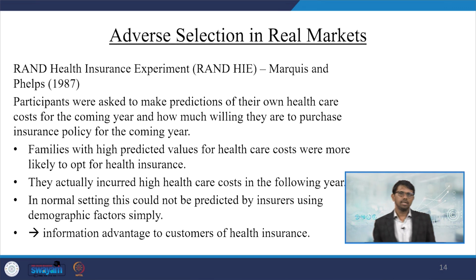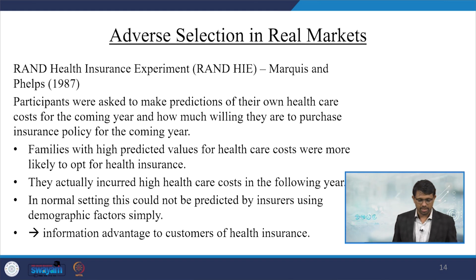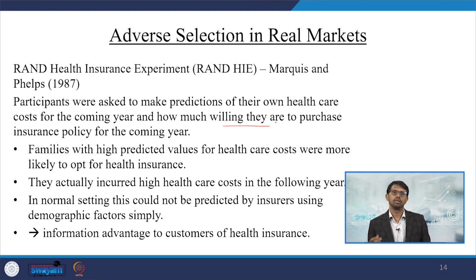Now, we are linking adverse selection to a real market context, as per the RAND health insurance experiment, which we also discussed a bit in different modules of our course, referring to the work of Marquis and Phelps in 1987. Participants were asked to predict their own healthcare cost for the coming year and how willing they were to purchase an insurance policy for the coming year.